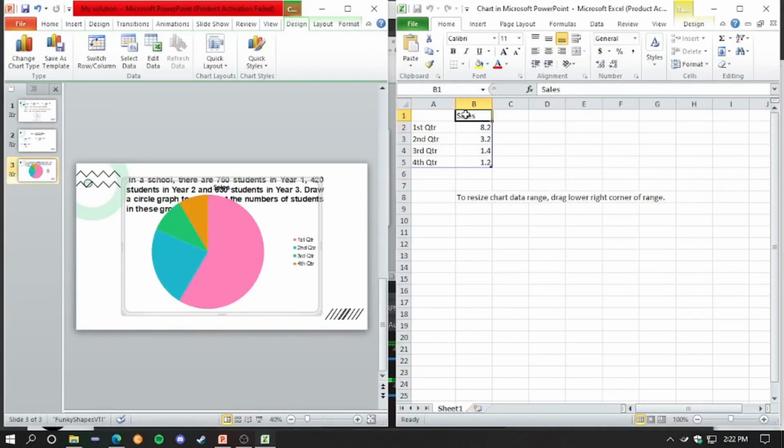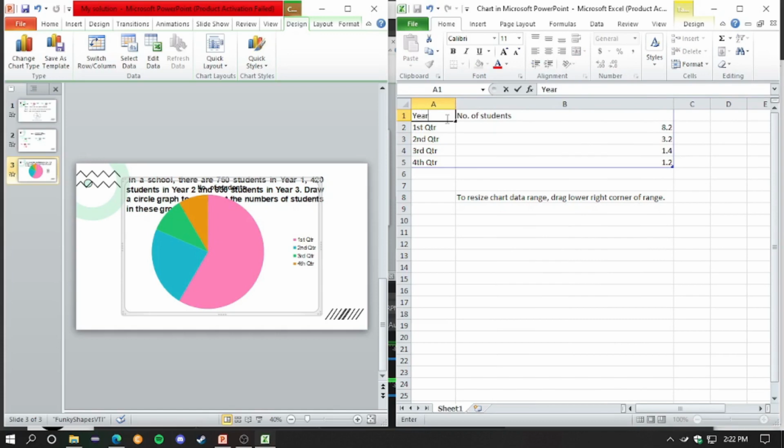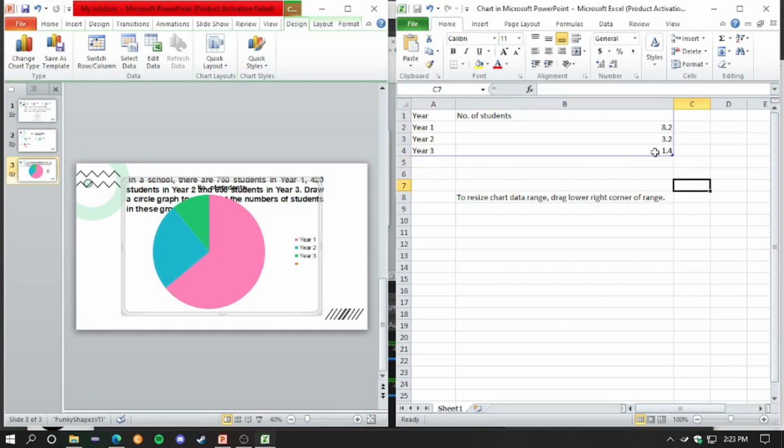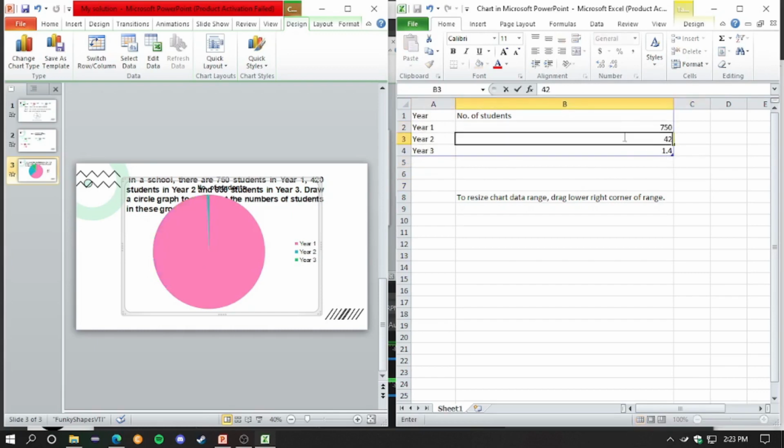Format the label, number of students, let's put year here, year 1, year 2, year 3, delete the fourth one since we only need 3 inputs, then put the values 750, 420, and 630.